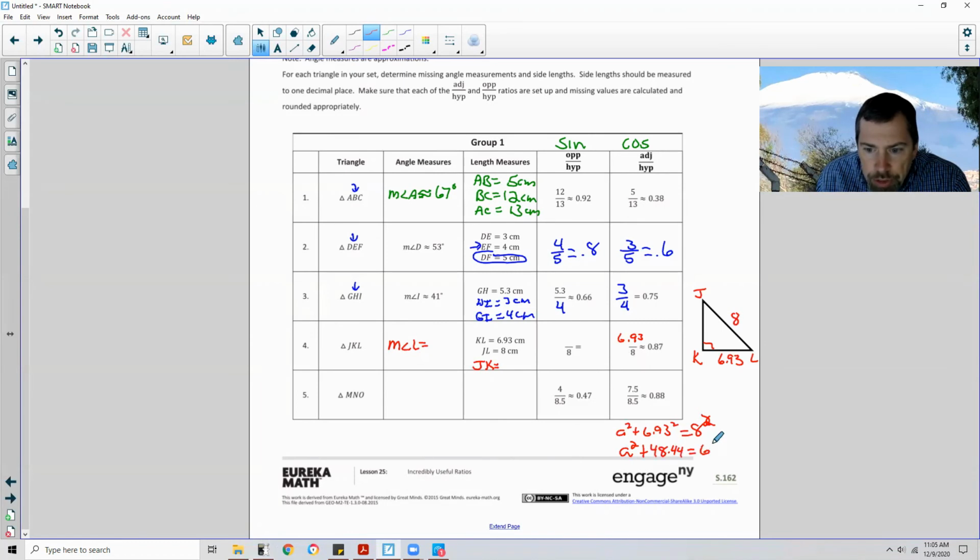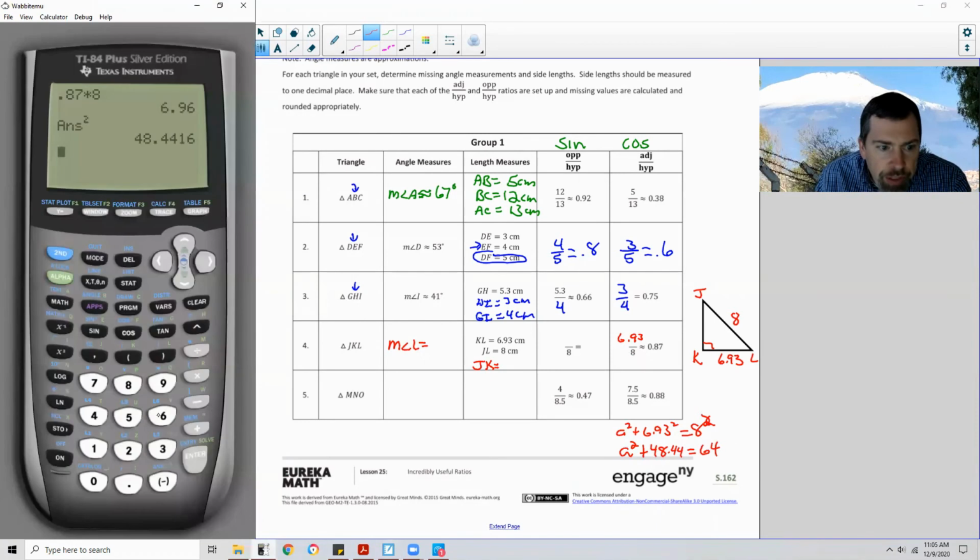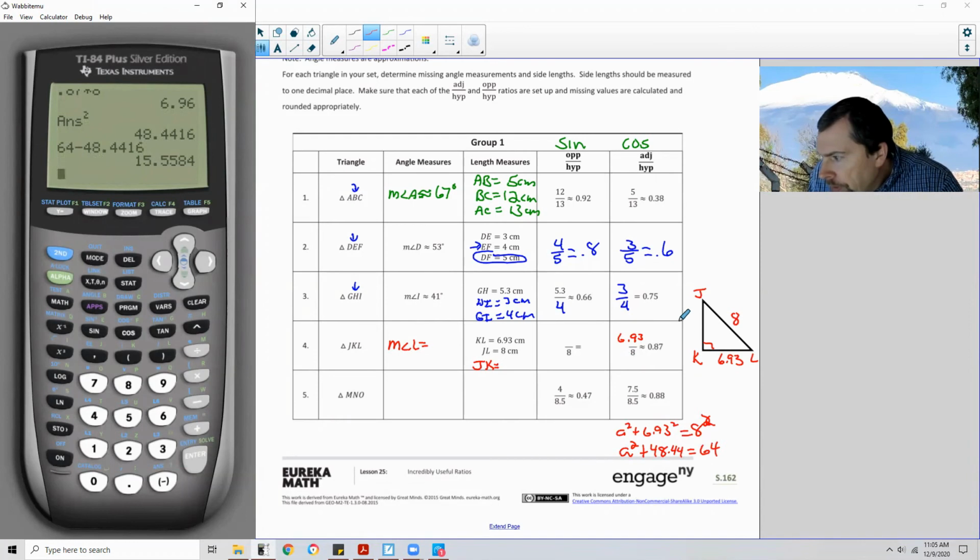Equals 8 squared, which is 64. So if I subtract 48.44 from 64, I'll just use the whole thing to make it more accurate. I'll get 15.56. So A squared is 15.56.